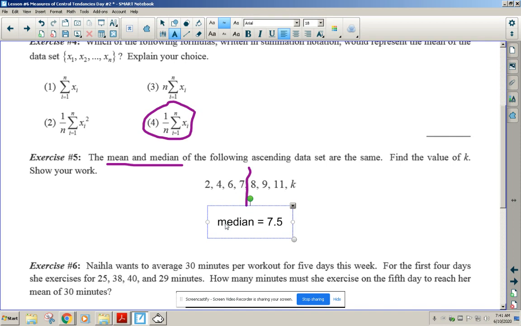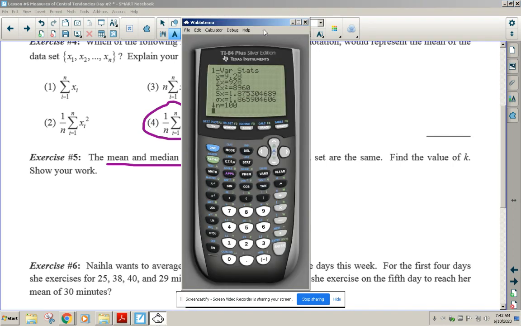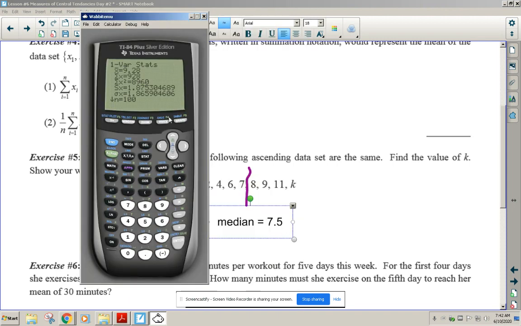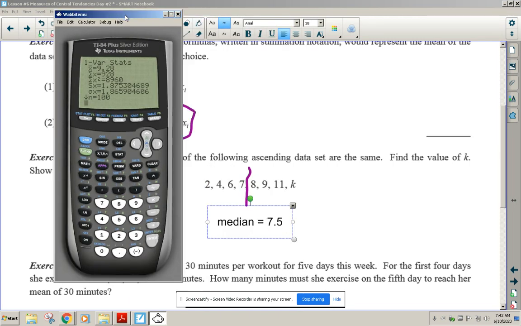Now, there are 8 values. I only know 7 of them. So the first thing I'm going to do is add up these 7 pieces of data that they gave me. Let's just clear everything. I have 2 plus 4 plus 6 plus 7 plus 8 plus 9 plus 11.